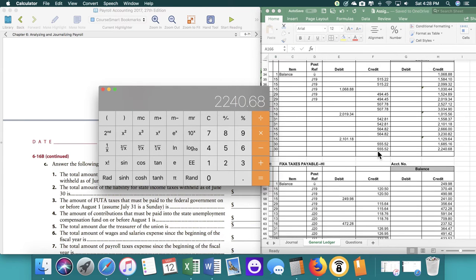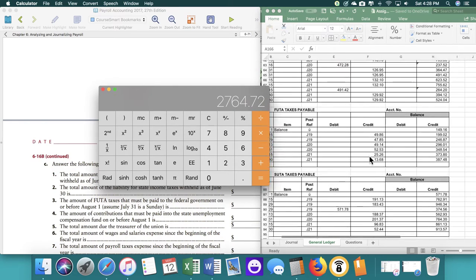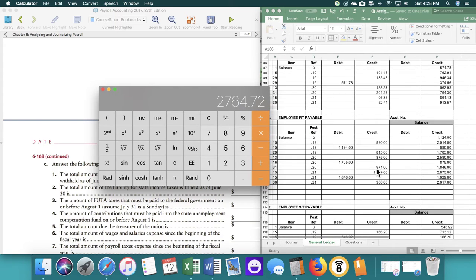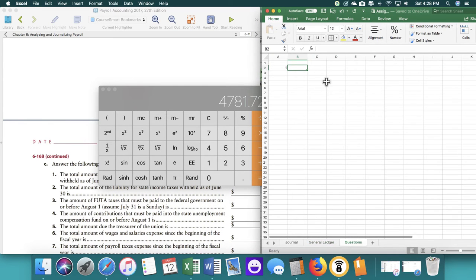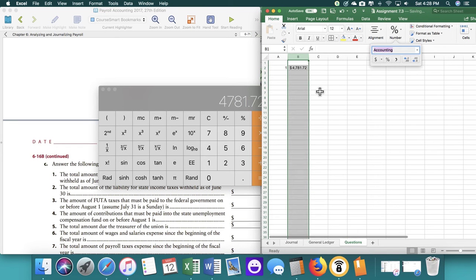We're going to add the 524.04, and we need to add the employee's federal income tax, which is 2017. So that gives us $4,781.72. So that's the answer for the first question. I'm going to change it to dollar amounts.